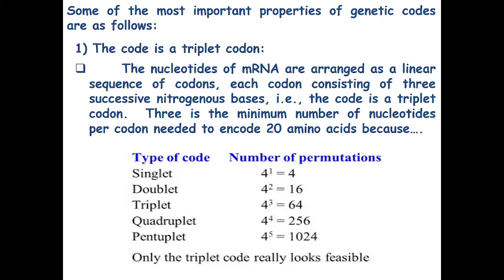If we make a doublet codon, then we can form 16 combinations, that is, we can code 16 amino acids. If we form a 3-letter codon, that is triplet codon, then we can form 64 combinations, and those 64 combinations can code for 20 amino acids.